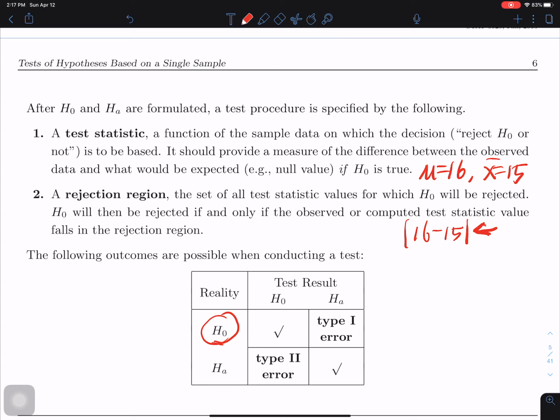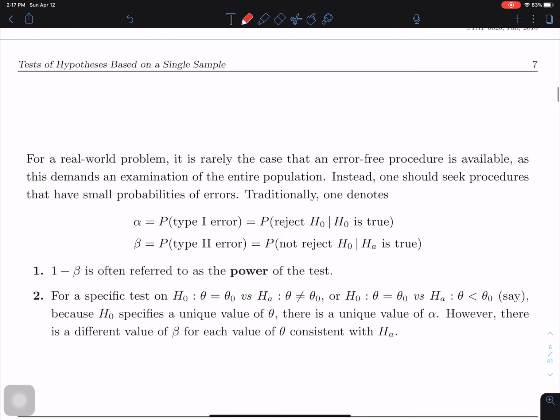However, if the reality is H0 but you reject H0, it will incur a type 1 error. Similarly, if your reality is HA but you accept H0, it will incur a type 2 error. And when your reality is HA and your test result favors HA, then you made a correct decision. So this table is very important.